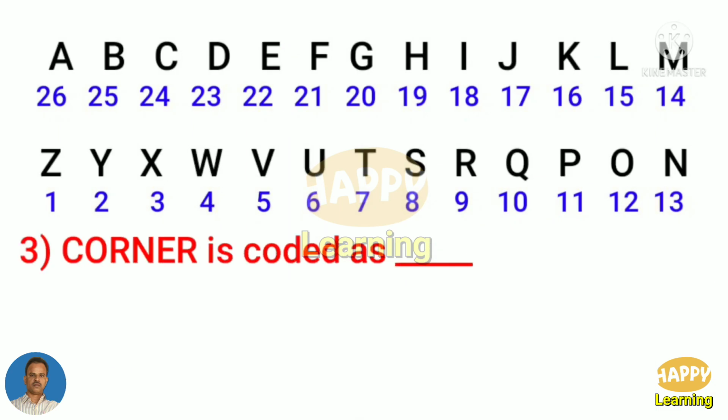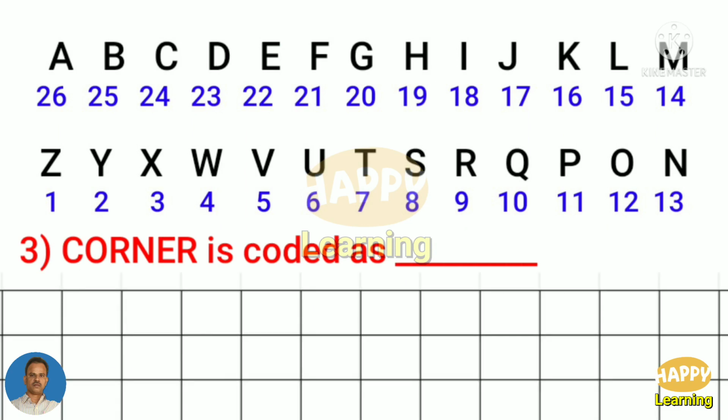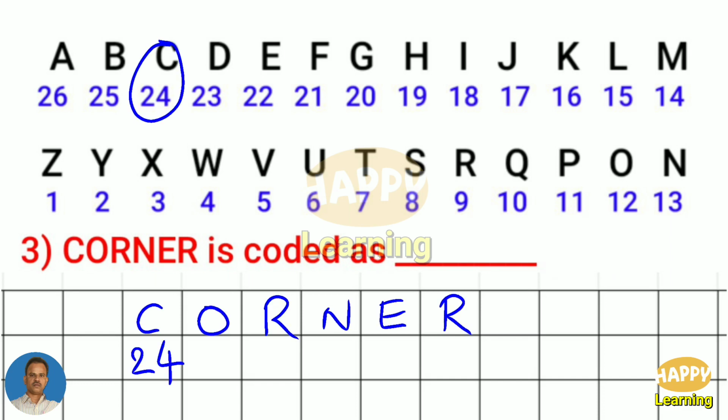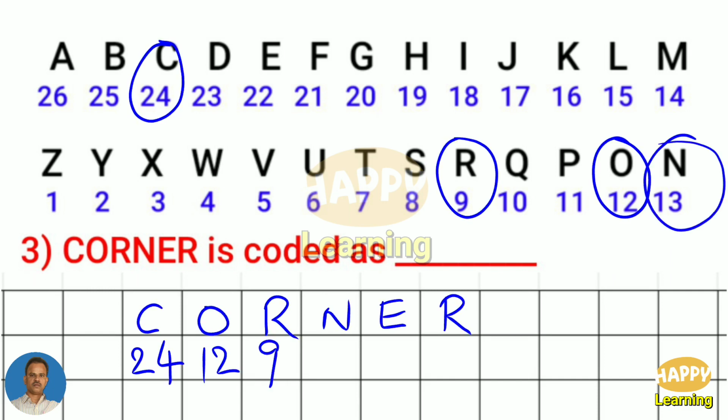Then next question. Corner is coded as. C-O-R-N-E-R. Corner. C is coded as 24. O is coded as 12. R is coded as 9. N is coded as 13.